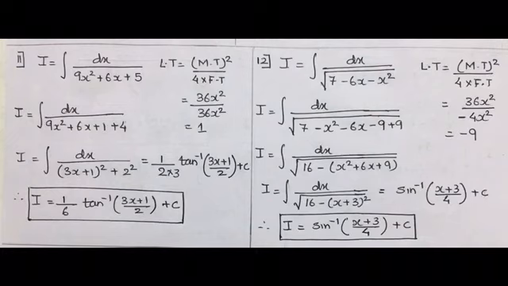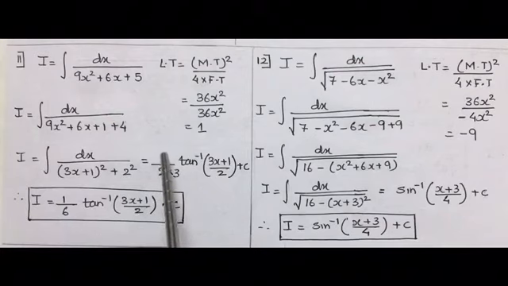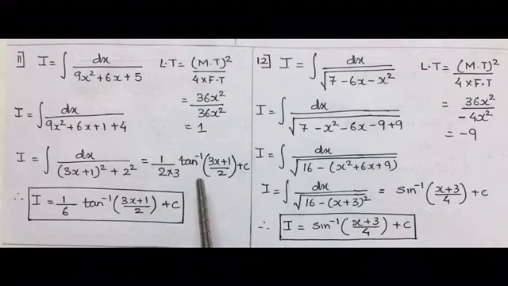So the integration that we have got here is 1 upon x square plus a square. Now 1 upon x square plus a square is 1 upon a tan inverse x upon a plus c.